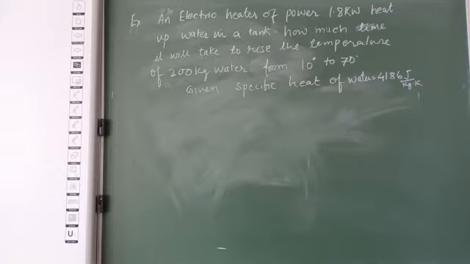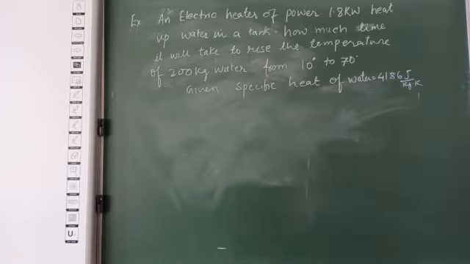How much time will it take to raise the temperature of water from 10 degrees Celsius to 70 degrees Celsius? Given that the specific heat of water is 4186 joule.